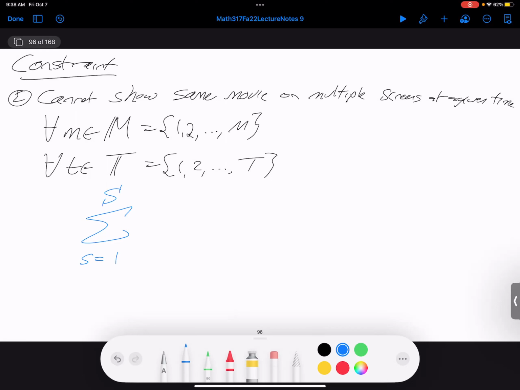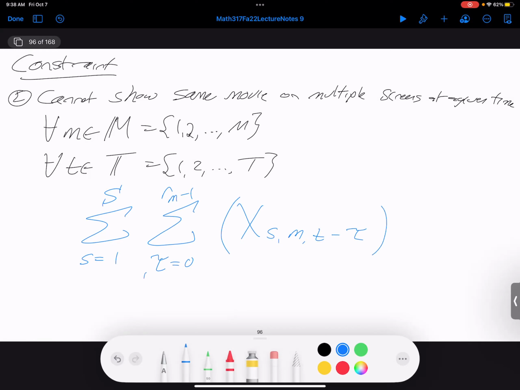So how could it be playing on a screen? We could have started it at that time, or 1 unit before, or 2 units before, all the way up to its runtime minus 1. So we would then sum, tau goes from 0 to the runtime of movie M minus 1, X, screen S, movie M, and then time t minus tau.